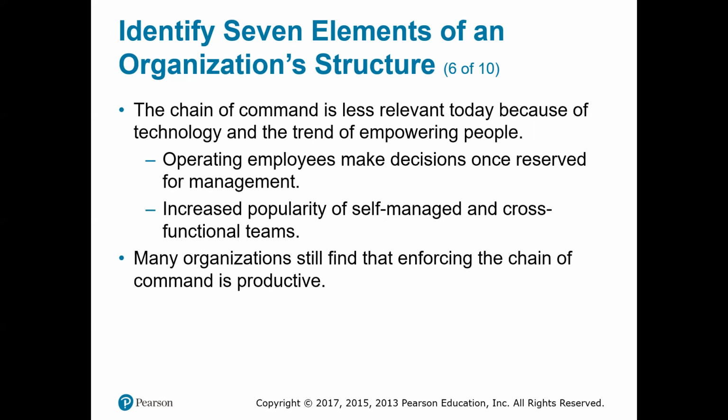The chain of command is less relevant today because of technology, which means we're connected to several people, several groups. Operating employees make decisions once reserved for management. Things that used to be done by the top people, operating people now do, because technology has made it much more seamless. There is also increased popularity of self-managed and cross-functional teams.